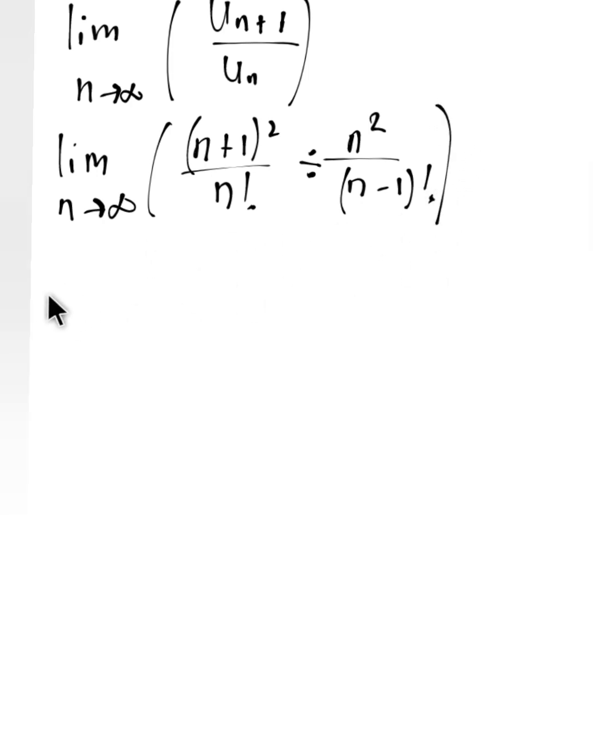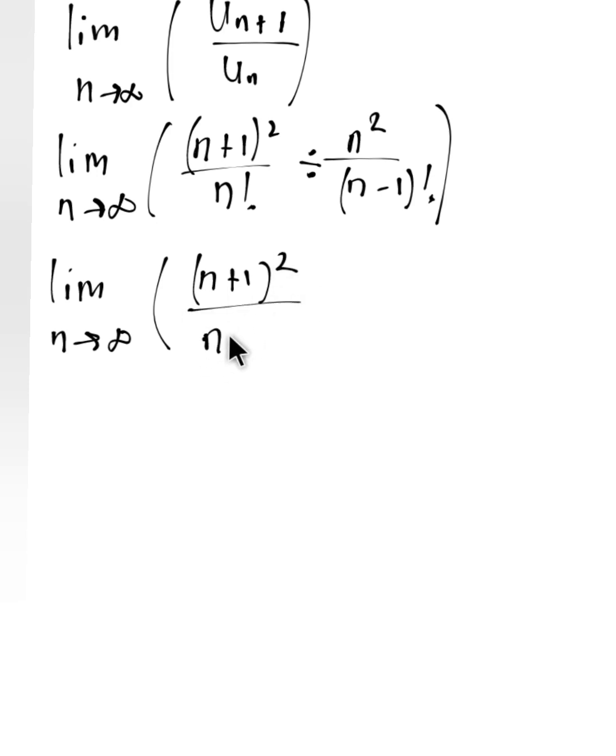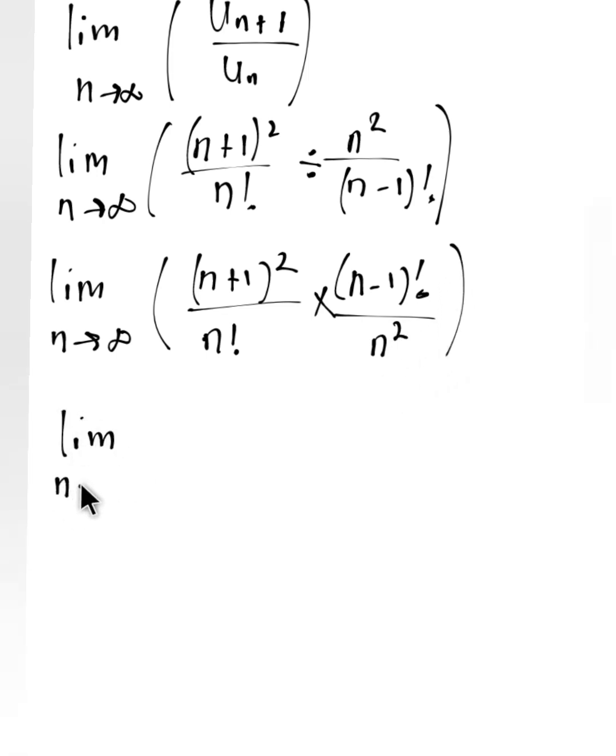So we need to simplify this expression. This gives us the limit as n tends to infinity of n plus 1 squared all over n factorial times, now if we turn the division sign to times, we need to take this numerator down and denominator up. So it becomes n minus 1 factorial over n squared.